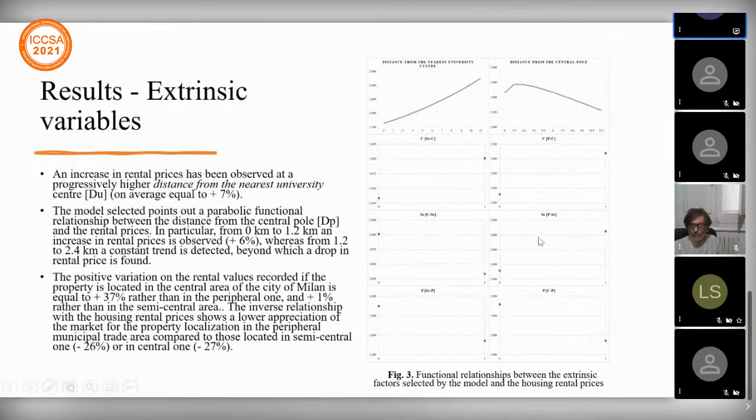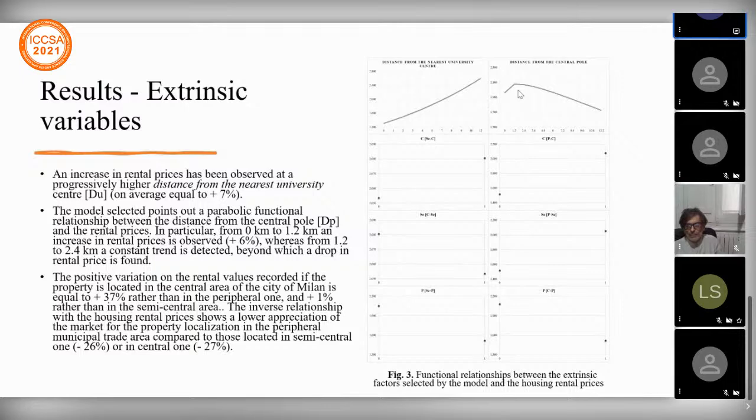For the extrinsic variables, there is a significant thing to highlight: there is an inverse linkage, so there's no appreciation for the houses rented in the city center. That's maybe because there's no appreciation for the chaos of the city center.